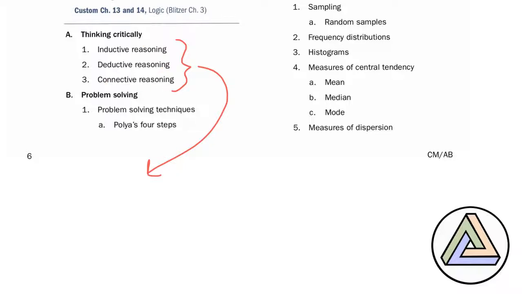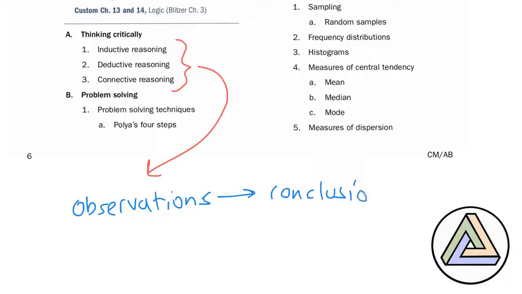Now, inductive is basically when you make observations, and once you reach enough observations, then you can form a conclusion about the world. So you, in a sense, make a generalization based on your observations.